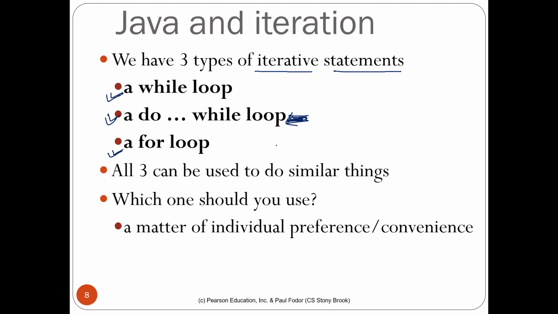In certain other cases, the for loop is more convenient than the while loop. So in most cases it's a matter of individual preference or convenience which loop you want to use.